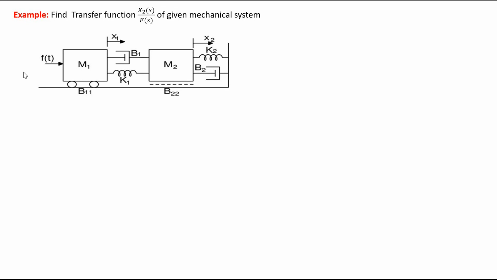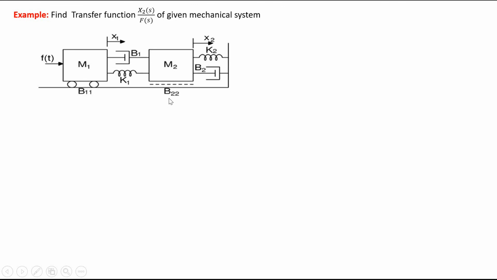Now another example: we can also have the frictional coefficient here. We have to consider the frictional coefficient if it is given, with this plane and bodies m1 and m2, with b11 and b22 given. So we have to take b11 dx1 by dt for m1, and for m2 b22 dx2 by dt. So we can write the free body diagram.